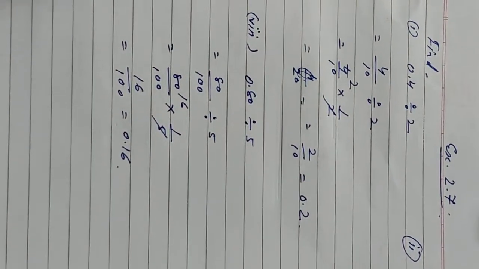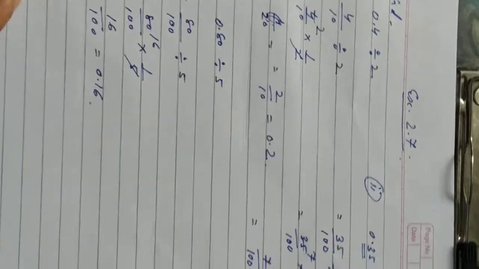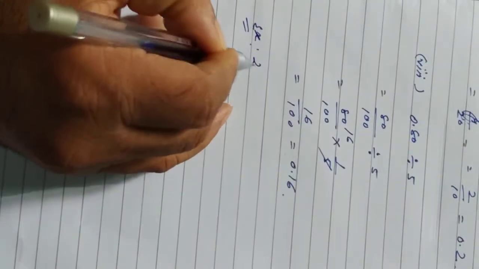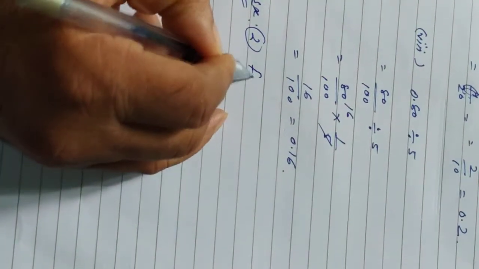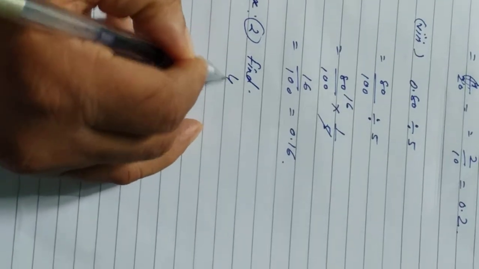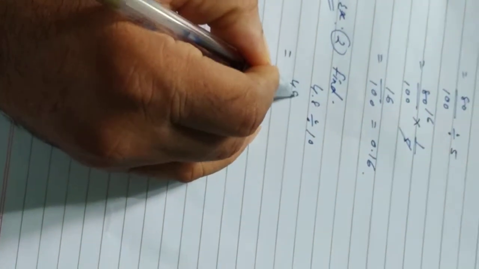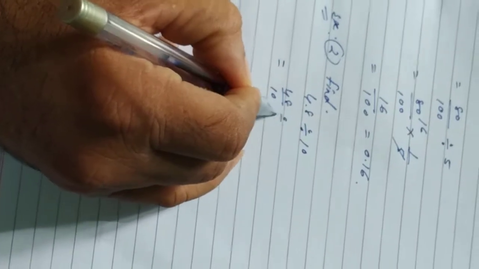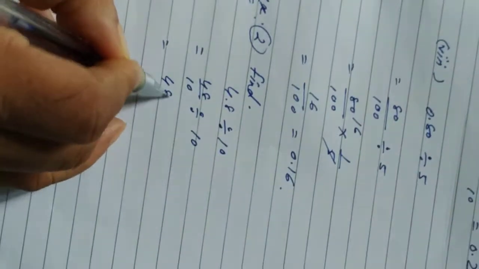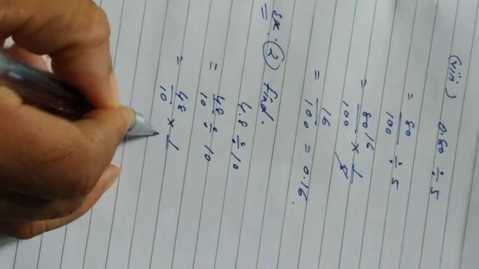Now let's see the second example, example number 2 of exercise 7.2. Find 4.8 divided by 10. That is equal to 48 upon 10 divided by 10, which is 48 upon 10 multiplied by 1 upon 10.